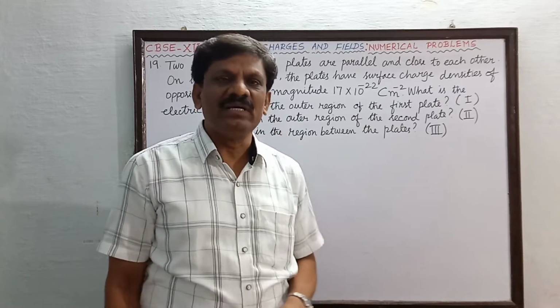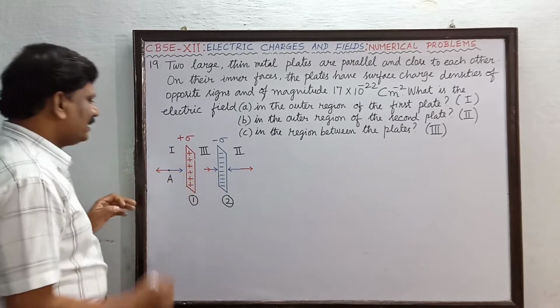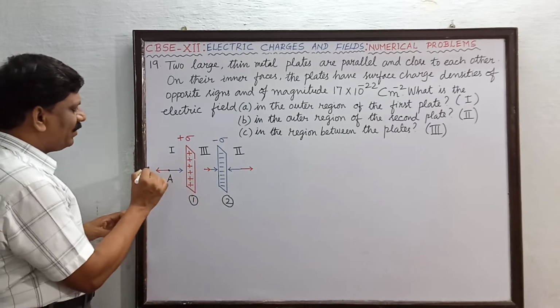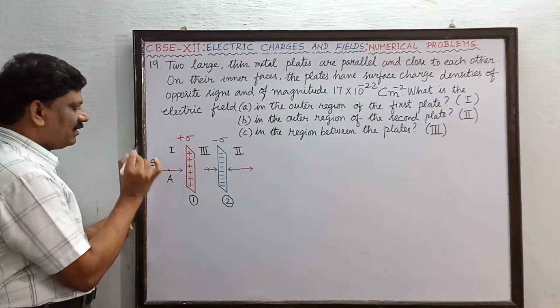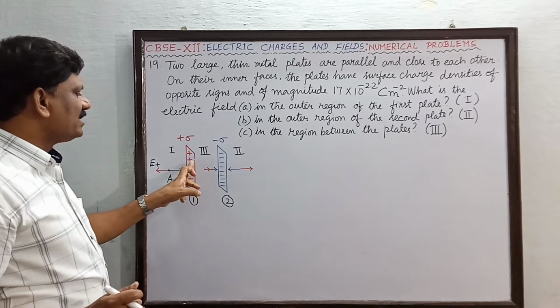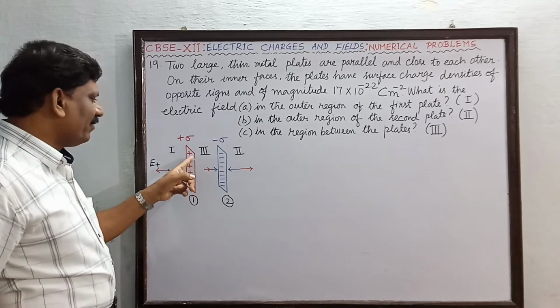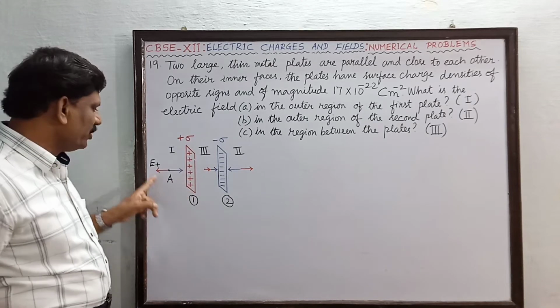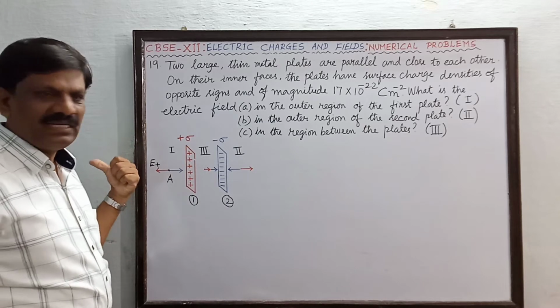One is due to the positive charges present on the first plate, and that is denoted by E plus. Due to the positive charges, it will be directed away from the charged metal sheet. So you can see the direction of E plus is towards the left. Understood?